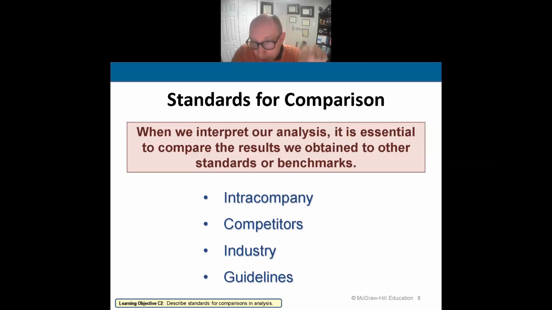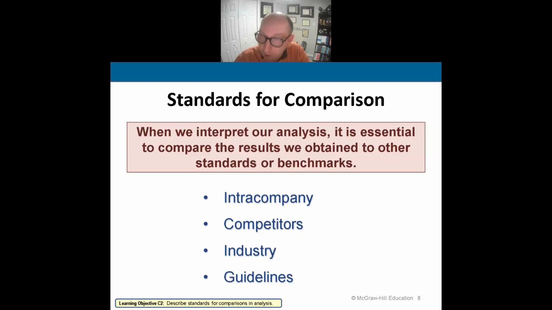But one way Alejandro might be able to benchmark his performance is by looking at the industry performance. In other words, Alejandro can do some research and say, okay, my company sales are this.